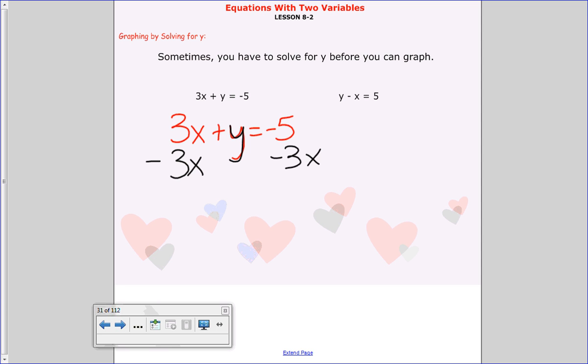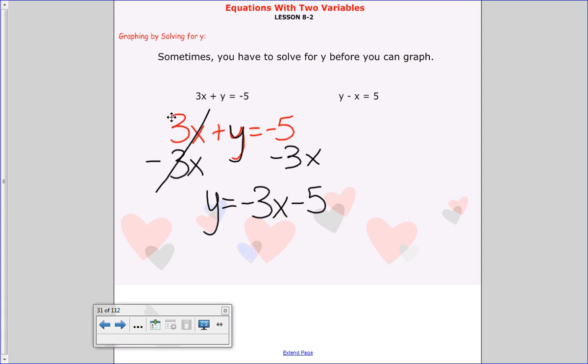So now I have y is equal to, and I like to write it with the variable first. So I have y is equal to -3x minus 5. I cannot combine this because they're not like terms. So now I could do my solutions. I could make my table, graph it, and so on.